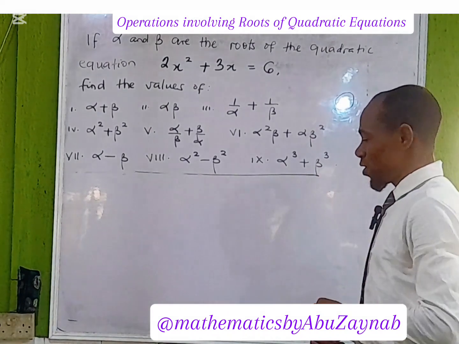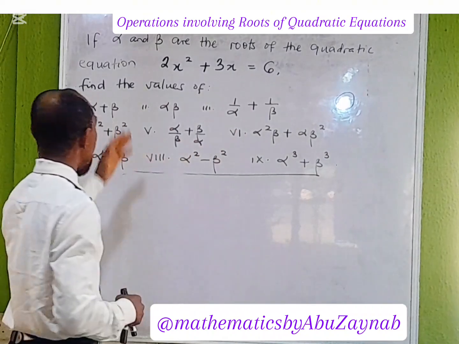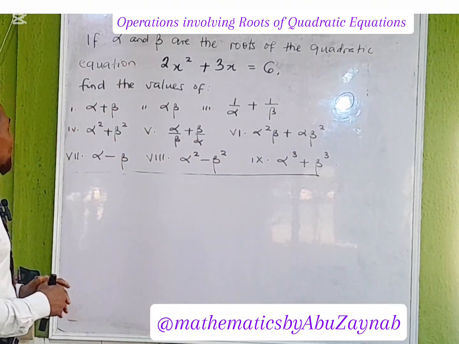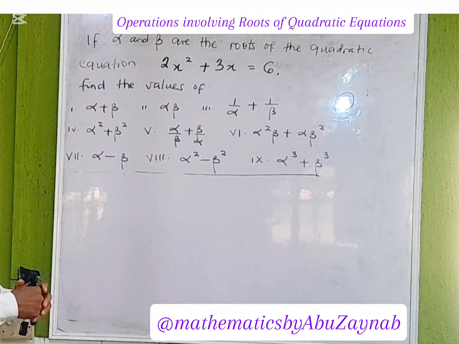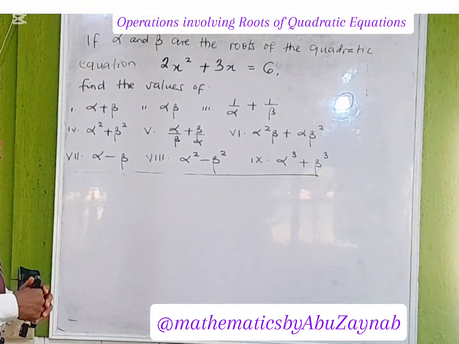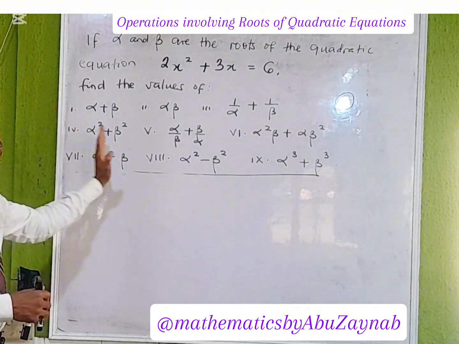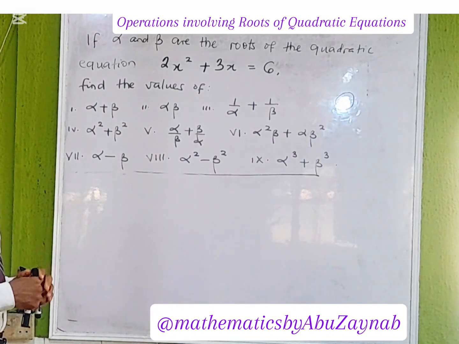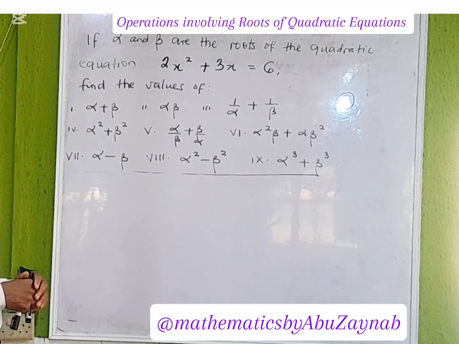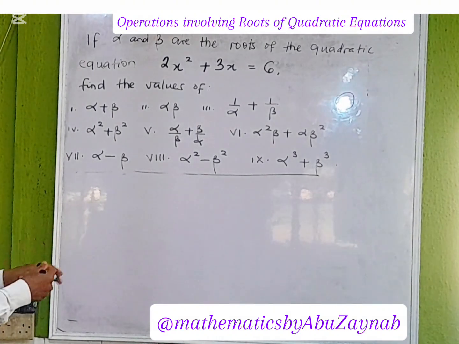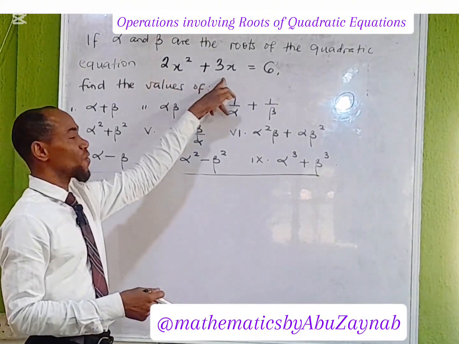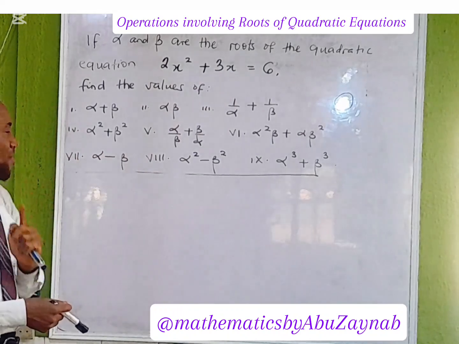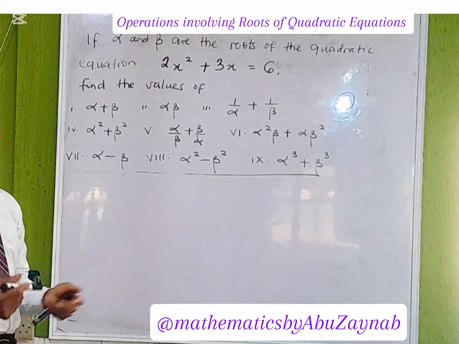The question before us today is that if alpha and beta are the roots of the quadratic equation 2x squared plus 3x equals 6, find the values of the following. It's quite a lot, but it's very, very interesting. The very first challenge for us is to rewrite this quadratic equation in the standard form. Remember the standard form, everything must be equal to 0.